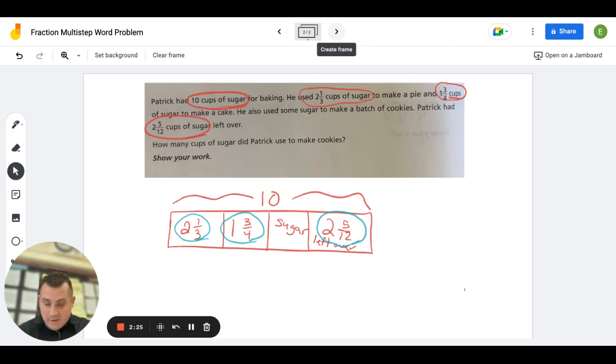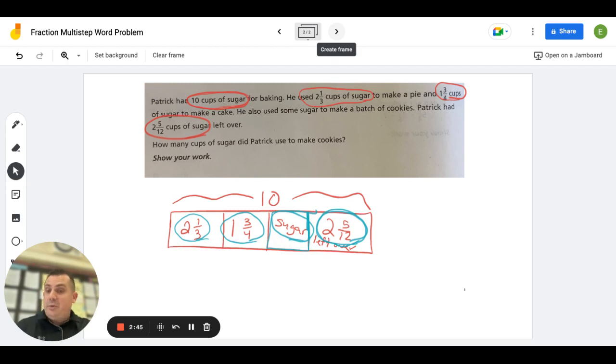So to find out how much sugar, I'm going to take those amounts, even though the 2 5/12 wasn't an actual amount of sugar used, we know that was left over. We're just trying to find how much sugar would go in the sugar box.